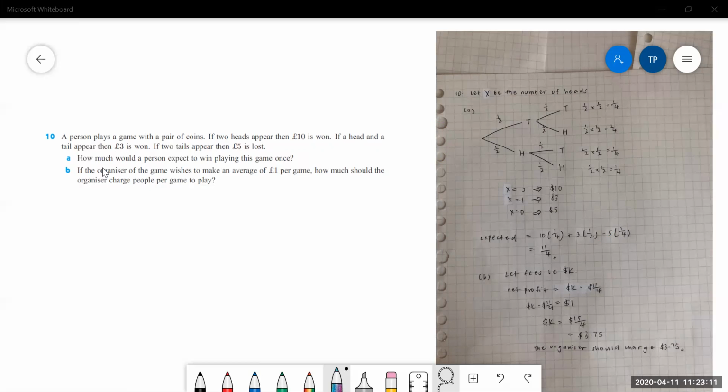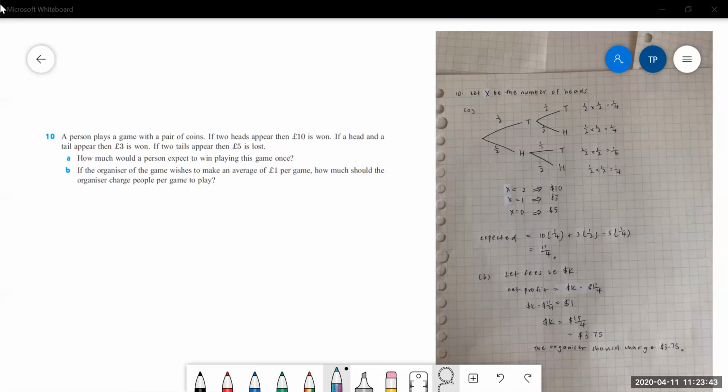So let the fee be K. Net profit will be K dollars minus, okay. Yes. Hold on. Oh, wait a minute. Net profit equals K minus.